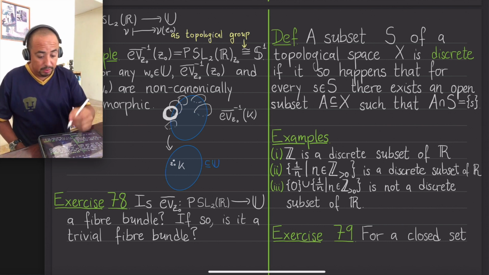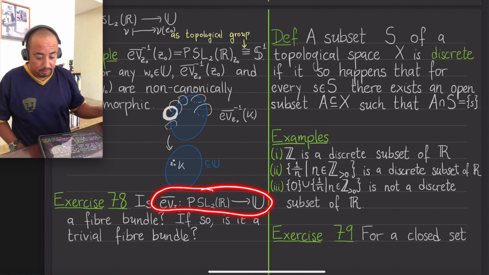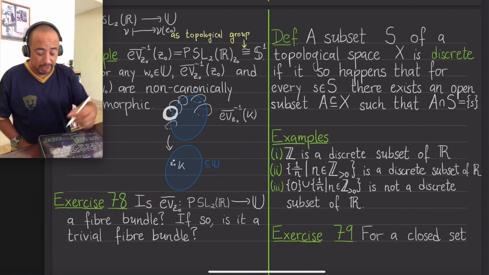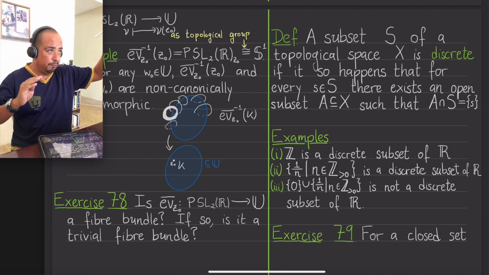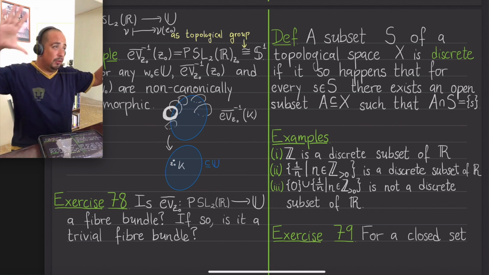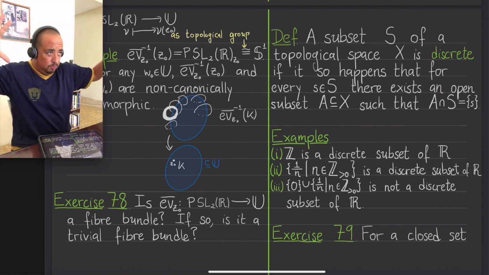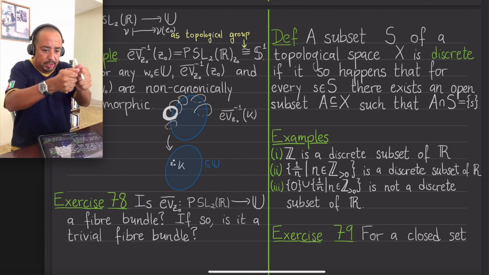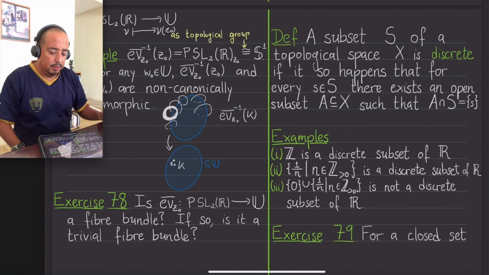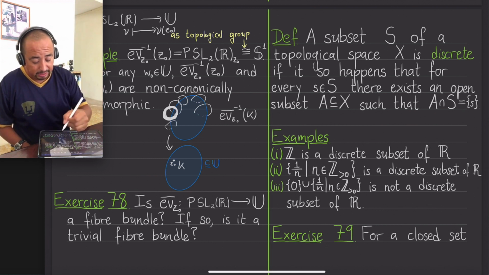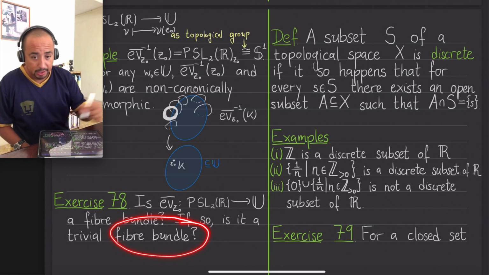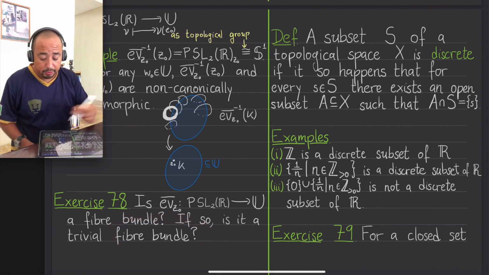And if so, is the whole thing the trivial bundle? In other words, this trick of picking for each point an element of PSL2R that goes there, in such a way that you can move throughout U in a consistent way, whatever this means. If this can be done all throughout U, then it would seem the answer would be yes here as well. Okay, so this I leave you as an exercise.